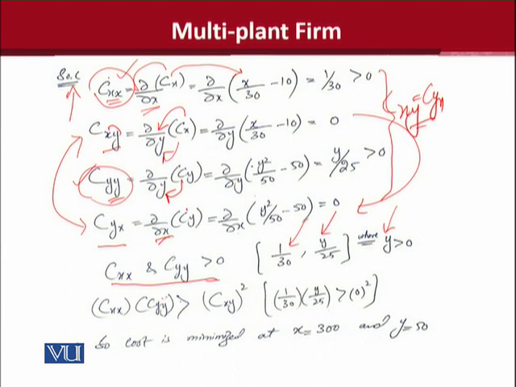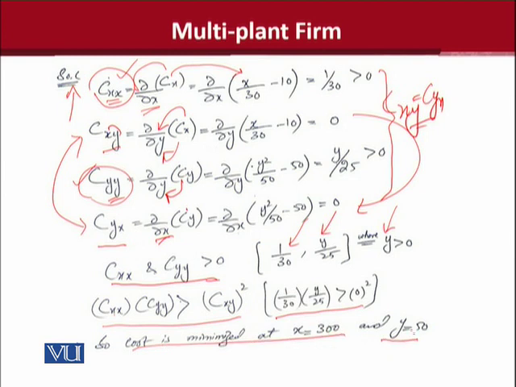So ये दोनों positive हैं and most importantly we have to compare this thing, that is Cxx into Cyy जो दोनों direct sense के derivatives हैं और जो cross partial derivative है उसका square हमने यहाँ पर consider किया. So they are greater than 0 and we can see that they are fulfilling the condition of minimization.